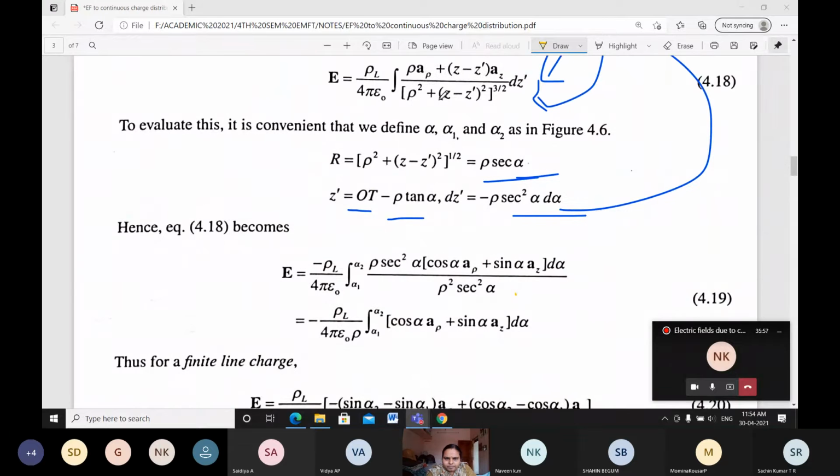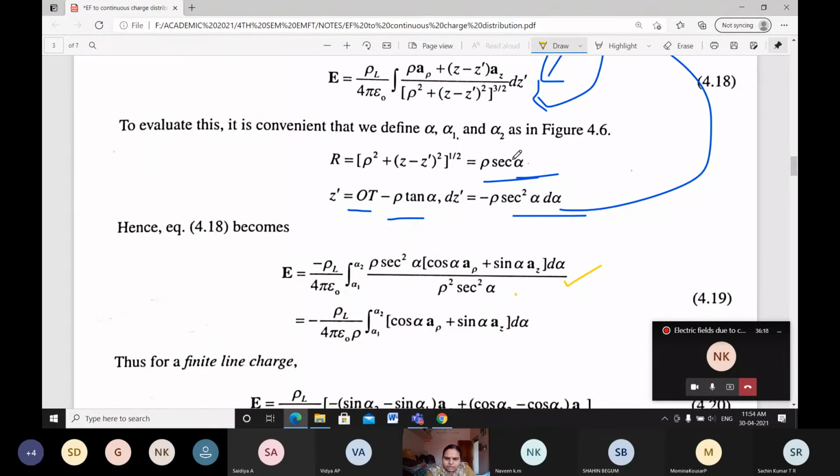Then rho secant square alpha, then cos alpha a rho plus sin alpha az into d alpha, divided by rho square secant square of alpha.